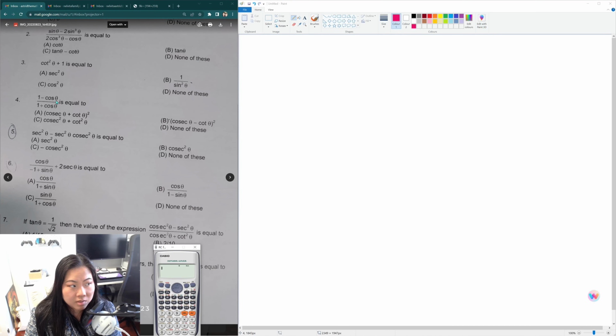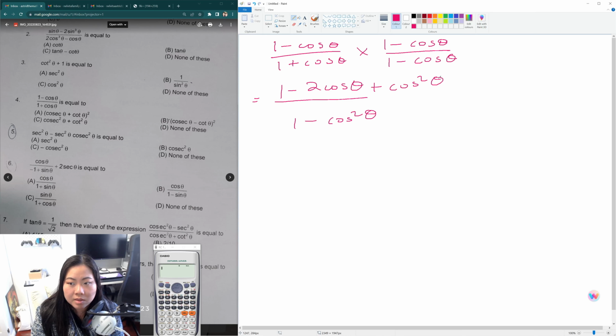And the reason I'm doing that is because if I multiply 1 plus cos theta with 1 minus cos theta, I'm going to get a difference of 2 squares, which will just become 1 minus cos squared theta, and I know that that's probably a trig identity. In the top, I'm going to get 1 minus 2 cos theta plus cos squared theta.